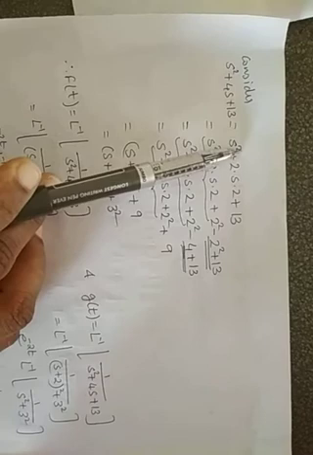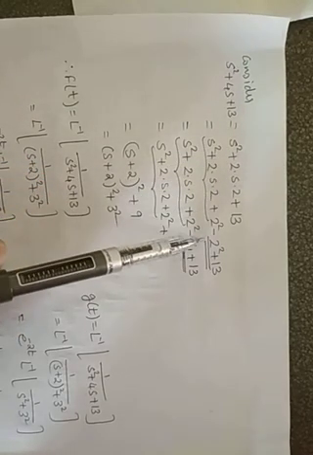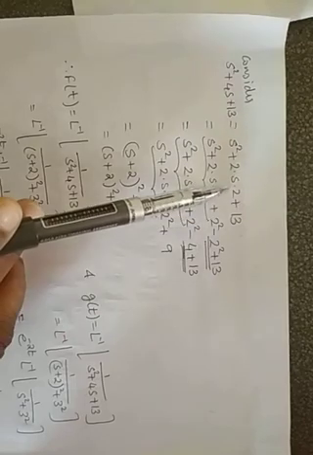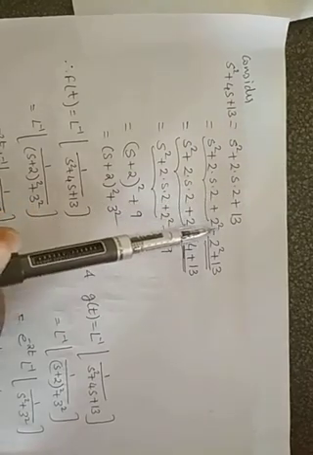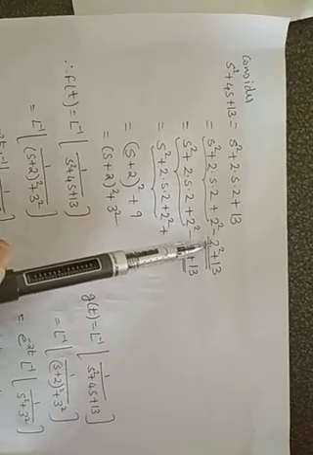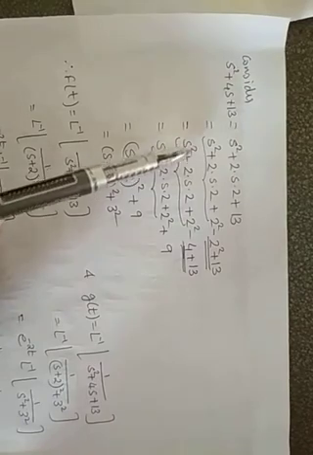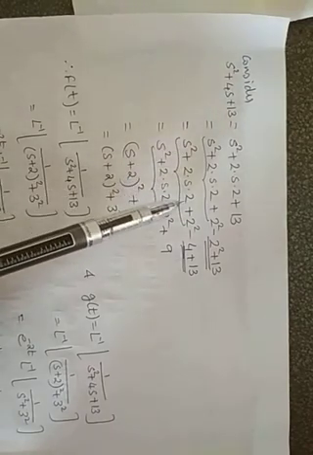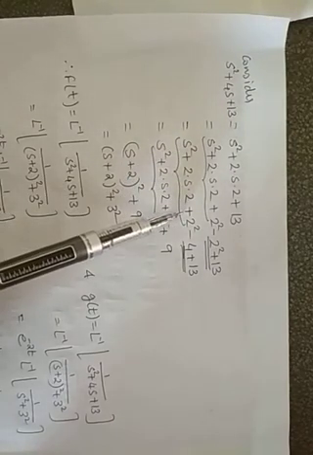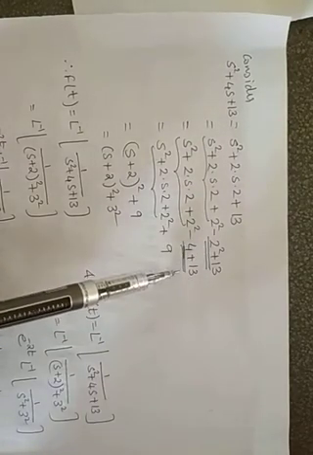This is as good as a square plus 2ab plus b square, and the b square is not there. B is how much? 2. So 2 square is not there, so we'll add plus 2 square and minus 2 square, and plus 13 you write as it is. So s square plus 2 into s into 2 plus 2 square I'll keep as it is. 2 square is 4, and 13 as it is.